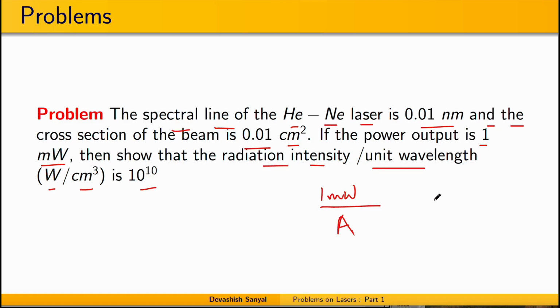Then we divide it by the wavelength, which is given as 0.1 nanometer. Once we do that, we get the answer. As simple as that.